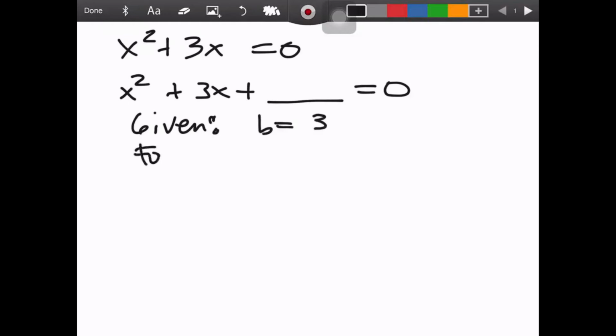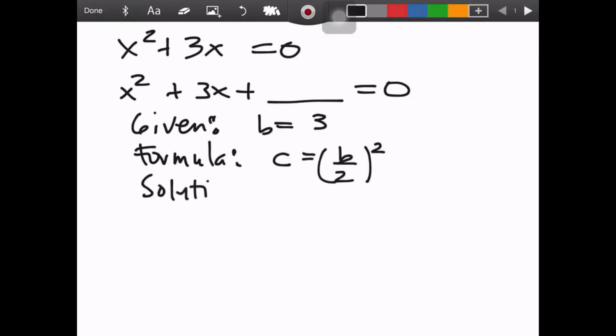And our formula is c is equivalent to b over 2, then squared. For our solution, we will just substitute the given to our formula. We have c is equivalent to 3 over 2, then squared.